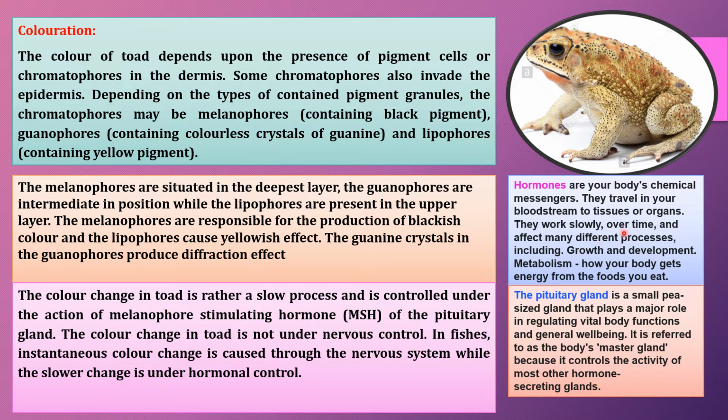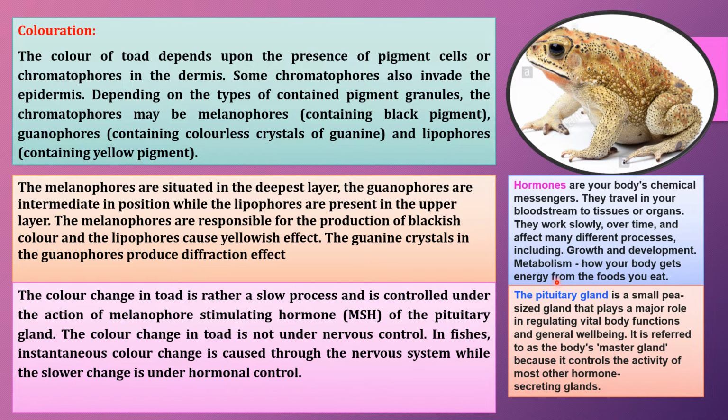They work slowly over time and affect many different processes, including growth and development. That means our body growth, that you are becoming tall, maybe you are becoming healthy or you are becoming thin, whatever it is. This growth and development occurs due to hormones. Metabolism, how your body gets energy from the foods you eat.